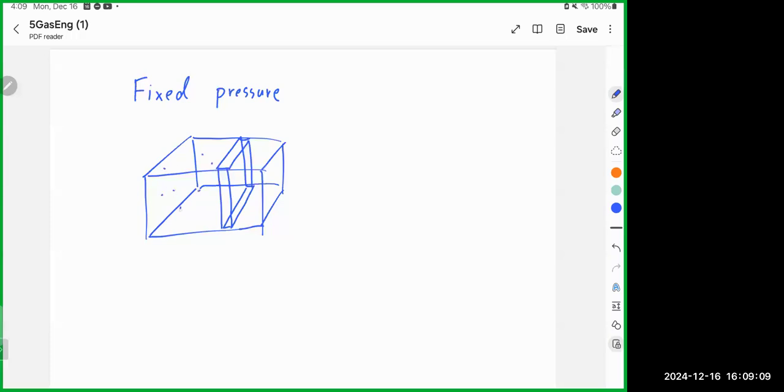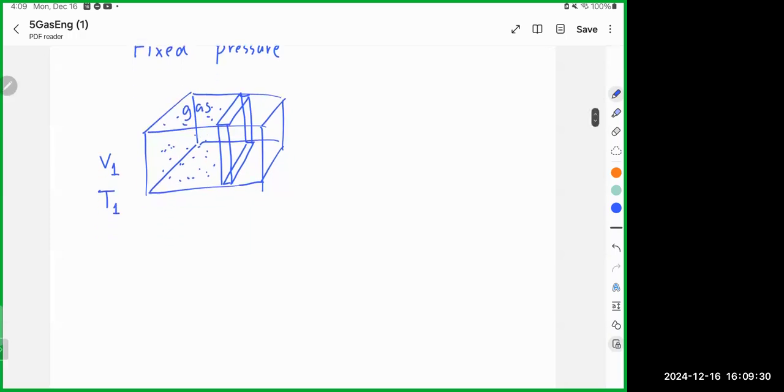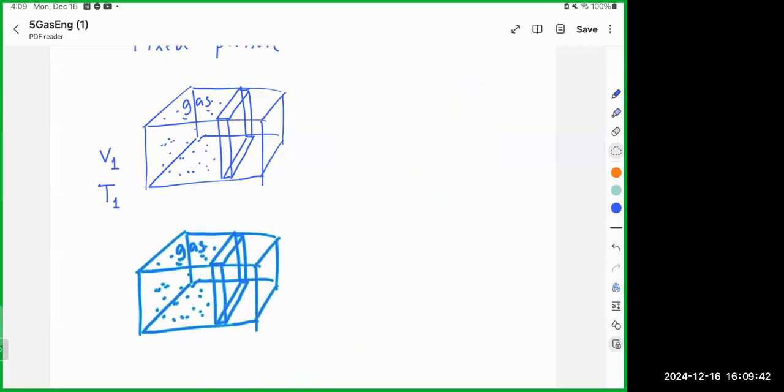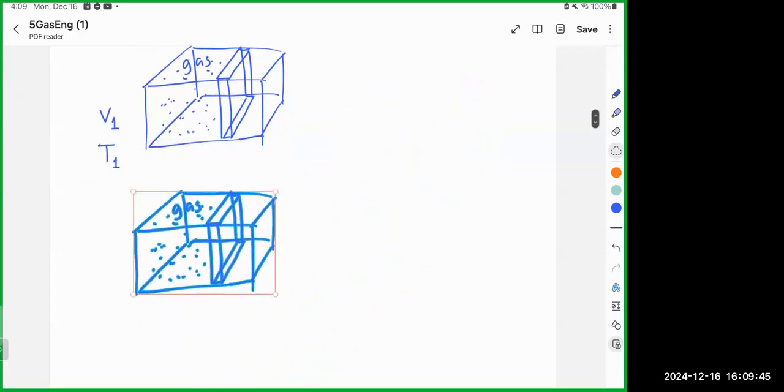Just assume that right here is a chamber that contains gas with volume V1 at temperature T1, and then you heat it up.